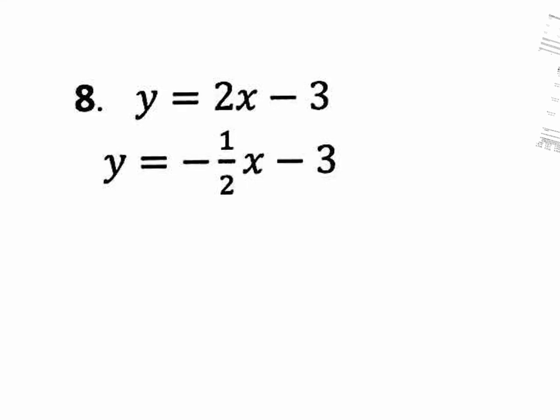This one, you're probably thinking maybe I should substitute, because I could plug this 2x minus 3 into the y, which you could. But notice that they're both in y equals mx plus b form. So even though there is no graph, you could clearly see that both have the b value of -3. So right here showing your work, you could do a quick sketch.